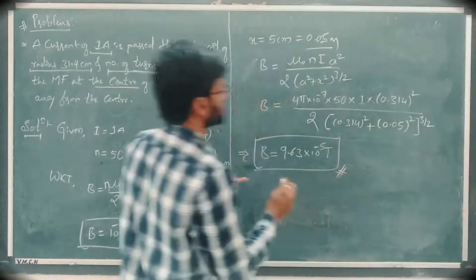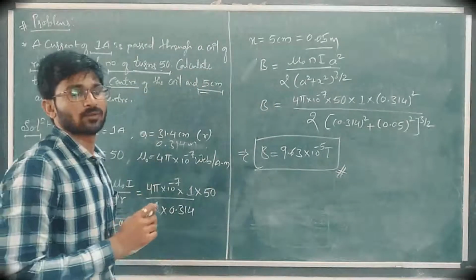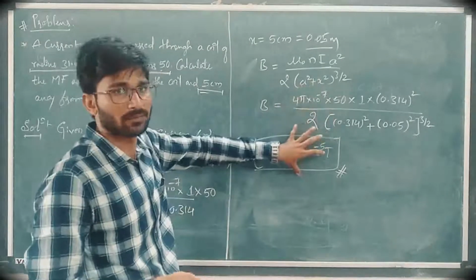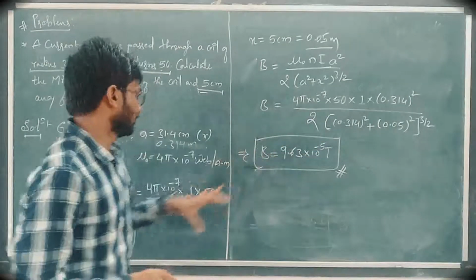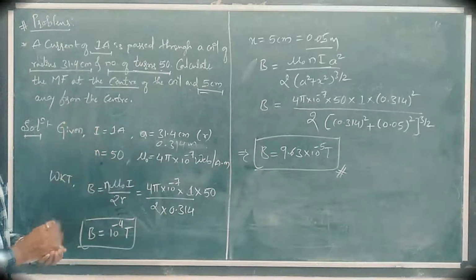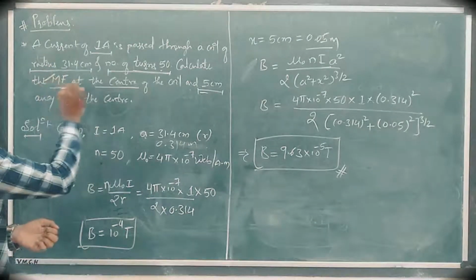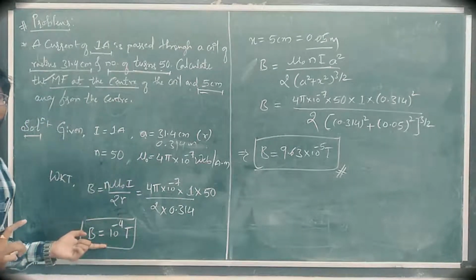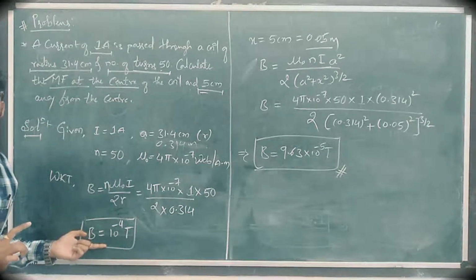This is the answer for the second case, the magnetic field. Verify the answer once. We have solved both cases. The magnetic field at the center of the coil is 10 to the power minus 2 Tesla.